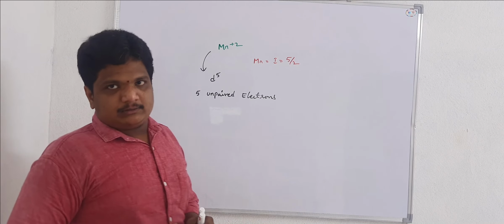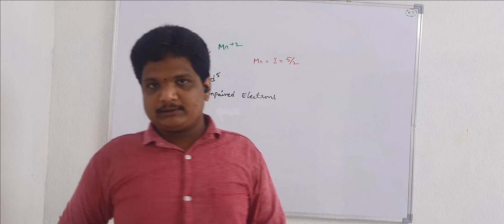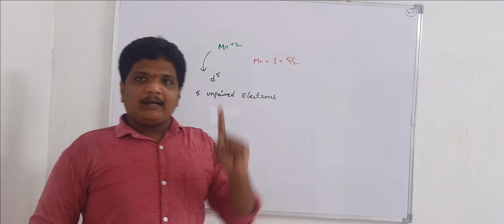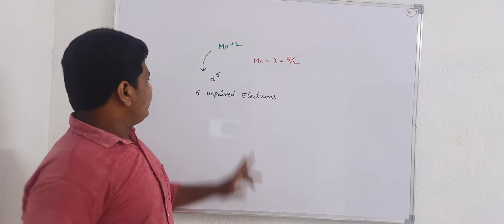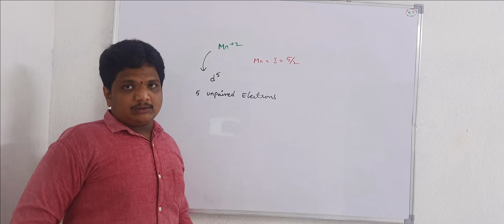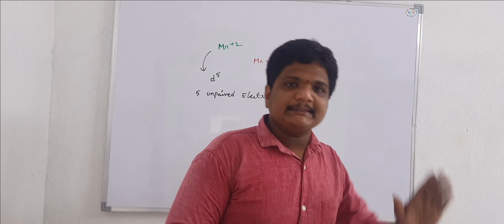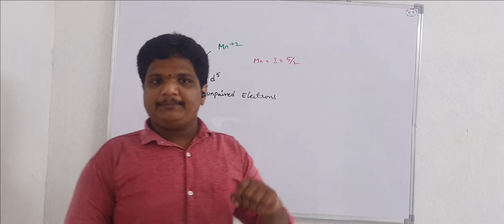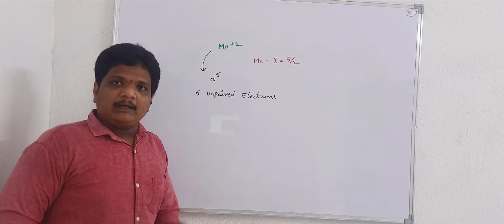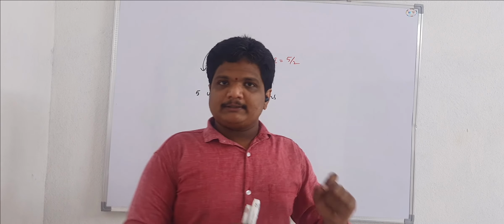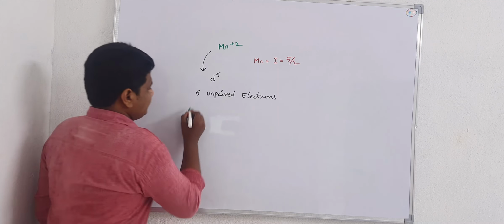5 unpaired electrons. Now let us calculate the number of fine lines and hyperfine lines. As we know, one electron will give one fine line. Here we have 5 unpaired electrons, so these 5 unpaired electrons will give 5 fine lines in the ESR or EPR spectrum, where the number of fine lines is equal to the number of unpaired electrons present in that metal complex.